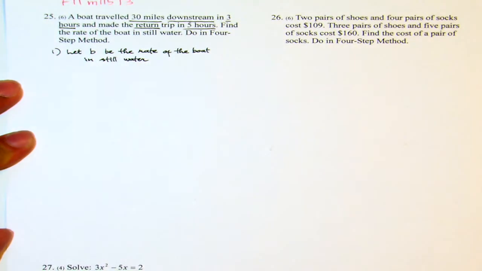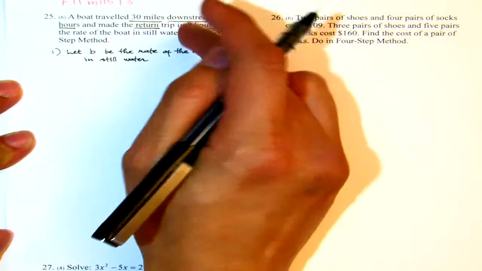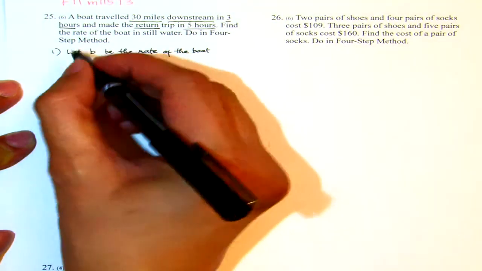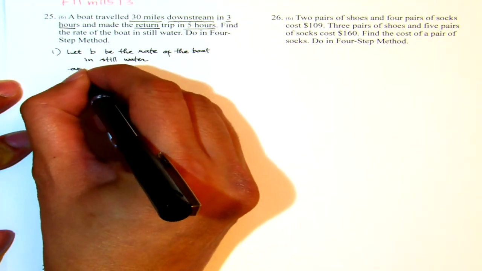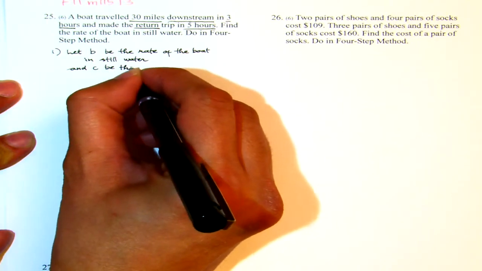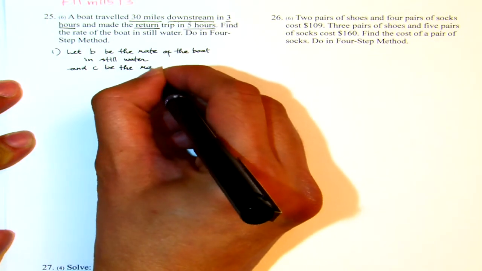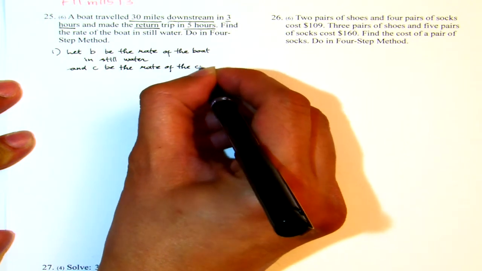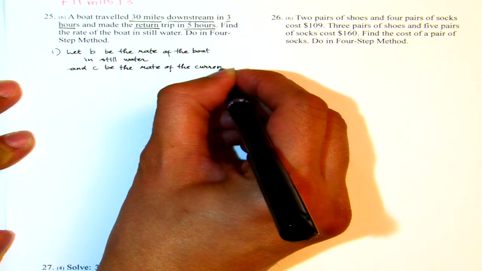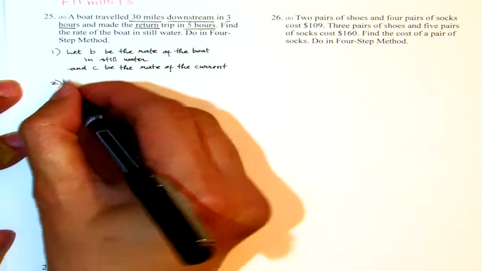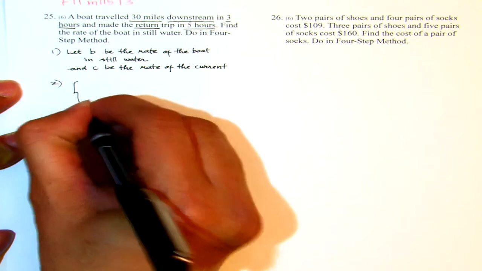And of course we can see that because it goes downstream, we can assign a variable, let's say C, be the rate of the current. Right?